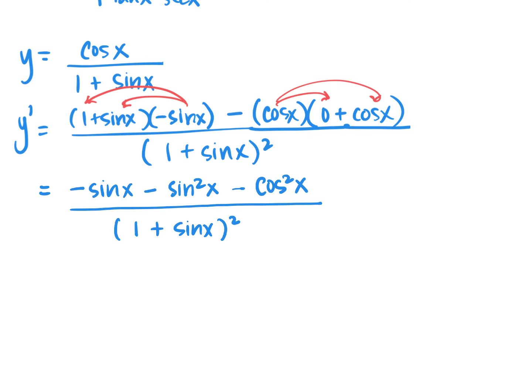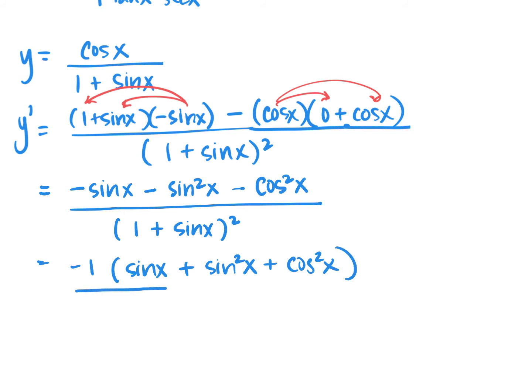If I pull a negative out of the entire expression, I have a minus, a minus, a minus, so that leaves me with a positive sine of x, a positive sine squared of x, and a positive cosine squared of x. That's helpful because now I have sine squared plus cosine squared, which is always going to be equal to 1.